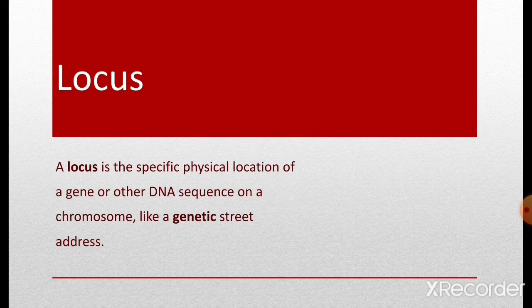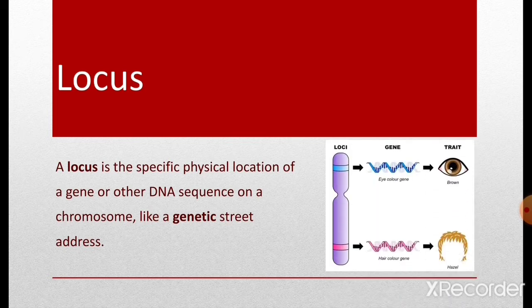street address. Now look at this figure where a chromosome has two strips, one in blue color and another one in pink color. These are the locations of two genes.